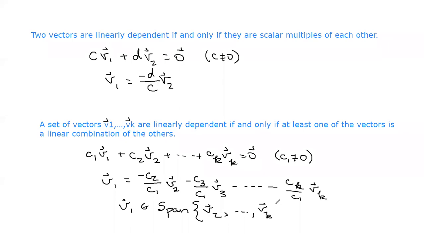So our set of vectors is linearly dependent if and only if at least one of the vectors is a linear combination of the others, if and only if at least one is in the span of the others. Okay. So that's another shortcut. So if you have a set of vectors and one of them is in the span of the rest of the vectors, you're linearly dependent.